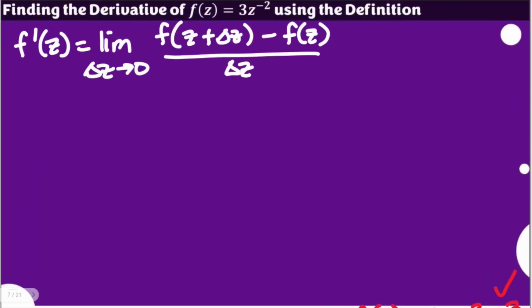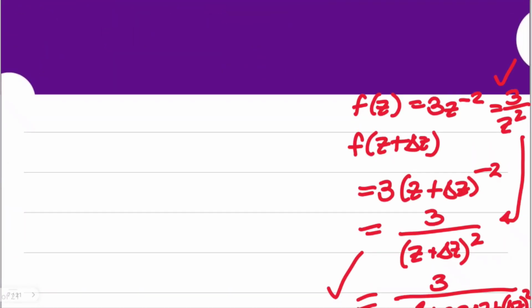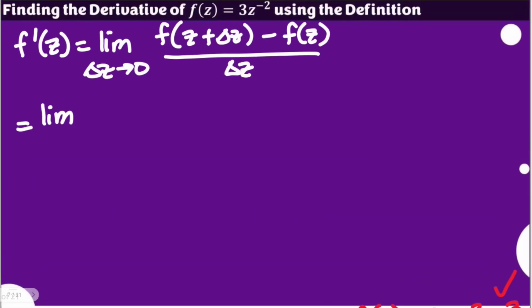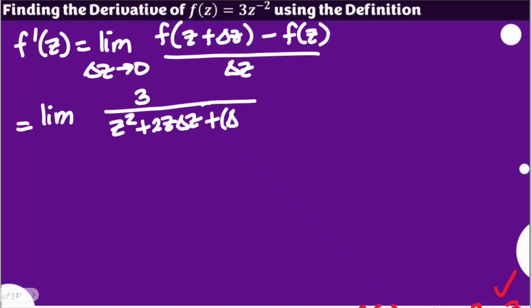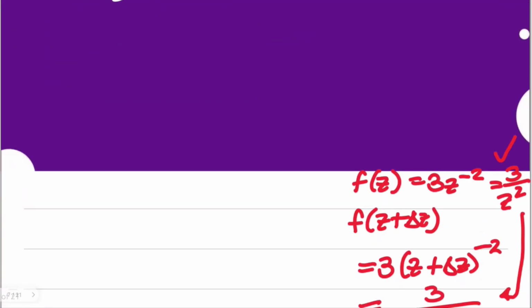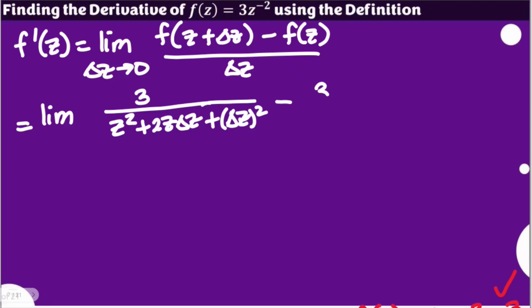So let's continue, or start rather, solving for the limit, because the earlier process was just trying to get its representation or its form. So you have 3 over z squared plus twice z delta z plus the square of delta z, minus the original form, now in rational expression, 3 over z squared.